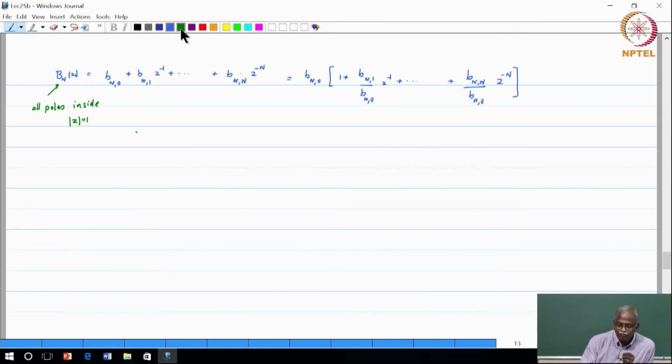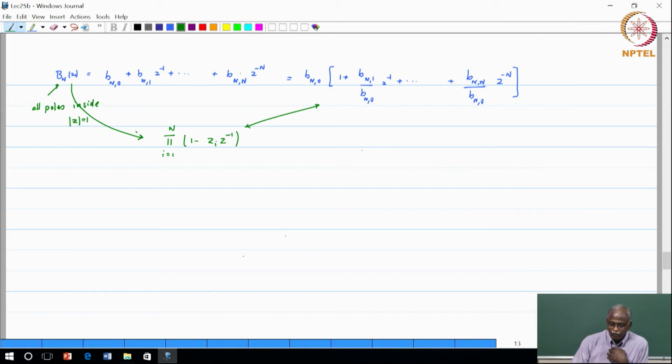Okay, you may wonder, just factoring one element out does not make any difference at all. But if you were to factorize the polynomial in terms of its poles or in terms of its zeros, B of Z has its zeros, then if you were to write it down in the following way, product, it is an nth order polynomial, so there are n zeros, i equal to 1 through n, 1 minus Zi Z inverse. Basically, I am writing it in an alternate form, and now compare it to this expression.